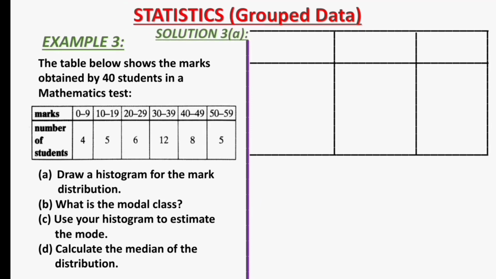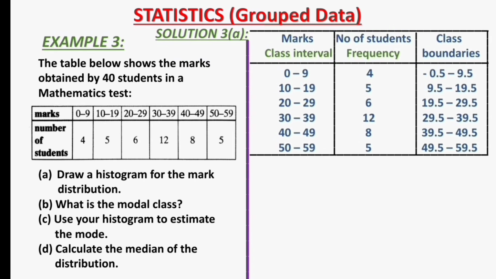Let's see the solution to question 3A, talking about drawing a histogram for the mark distribution. From the table here, the marks involves the class intervals, while the number of students represents the frequency. Don't forget, to know the class boundaries, we are going to subtract 0.5 from the lower class limits and add 0.5 to the upper class limits.